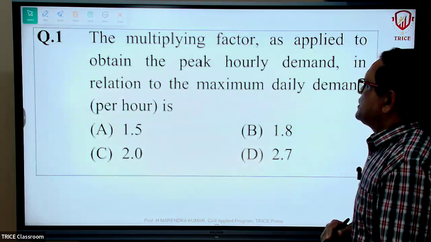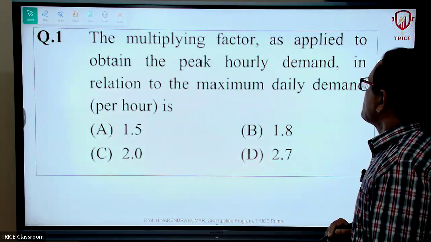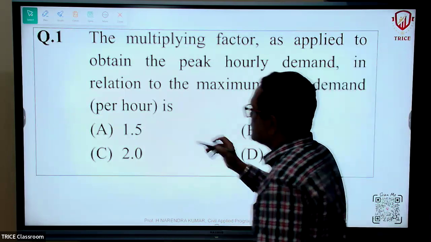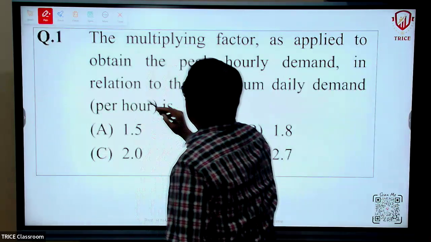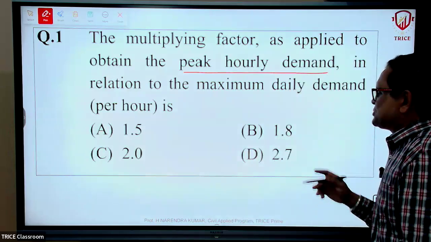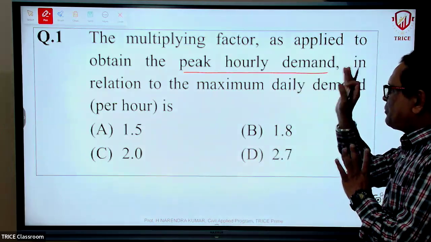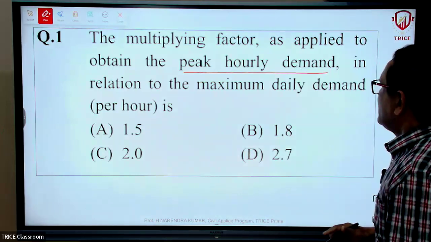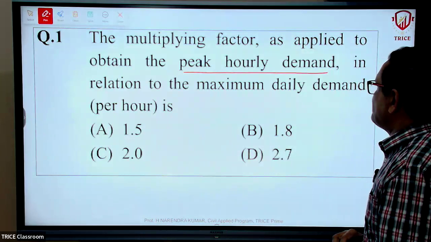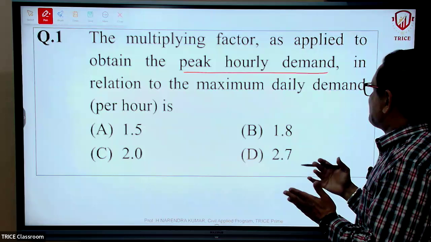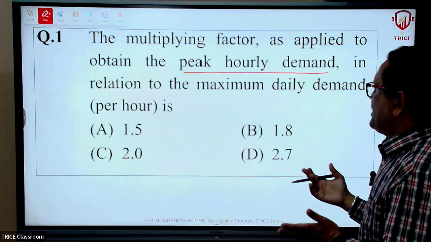The first one: the multiplying factor applied to obtain the peak hourly demand. You must be very careful when it says peak hourly demand, because peak hourly demand is the maximum demand that you can consider in relation to the maximum daily demand. He is asking what is the relationship between maximum daily demand and peak hourly demand.